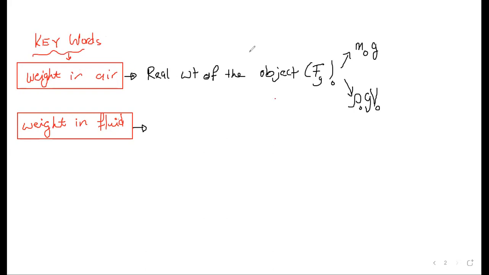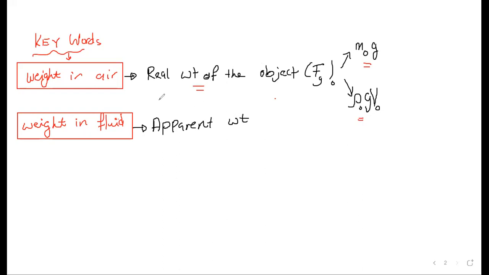I can use it with this formula or with this formula, or as real weight, so one of three things, depending on the context of the question. Weight of fluid, or any expression like that in the problem, means this is the apparent weight.